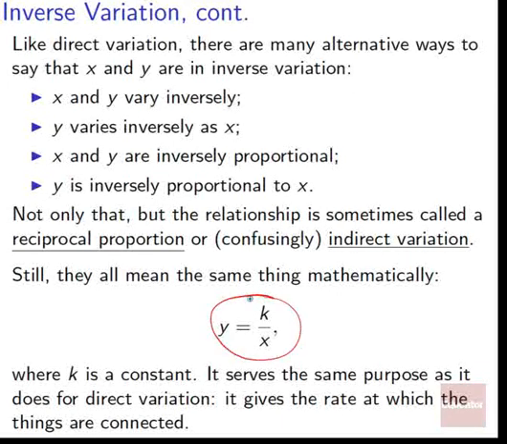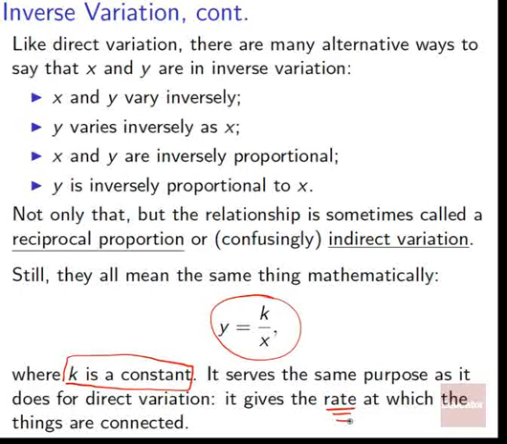y equals k over x. And once again, k is a constant. It serves the exact same purpose as it did for direct variation. It gives the rate at which the two things are connected. How much is that blue arrow going to grow or go down, depending on how much the red arrow is changing? The red arrow and blue arrow on the last one, where we talked about inverse variation, didn't go at the same speed.